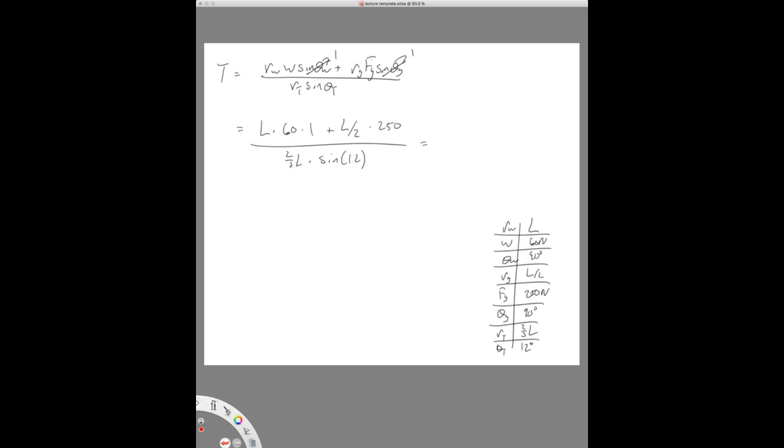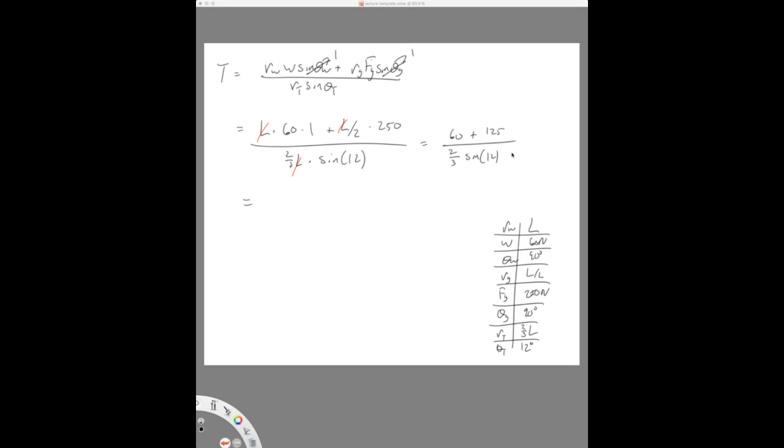So the L's cancel out. And we're then getting 60 plus 1/2 times 250, which is 125 newtons, and that's divided by 2/3 times the sine of 12.